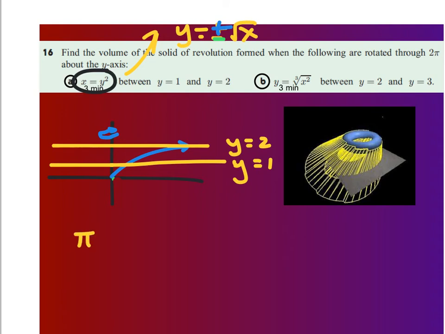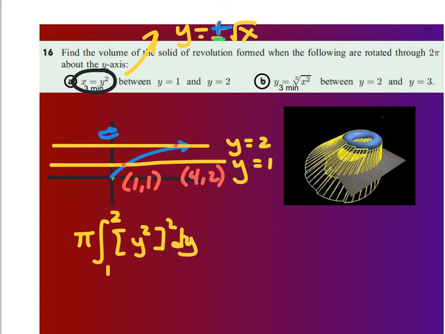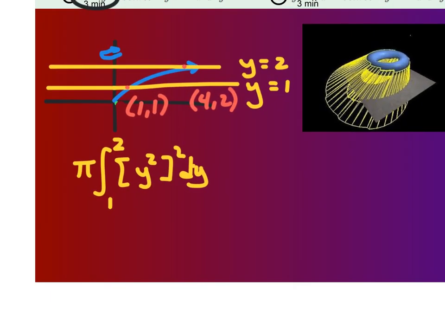So I would take pi times the integral from 1 to 2. Now it's in terms of y, right, because I needed these 2 points of intersection. Well, this first one would be (1, 1). The second one would be (4, 2). My function is y squared. I'm going to square that, dy. So now I just do a little bit of work on that.